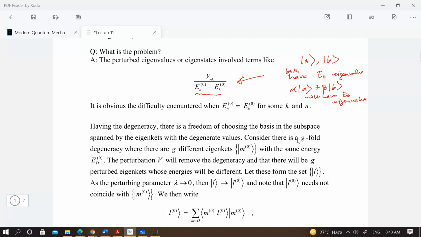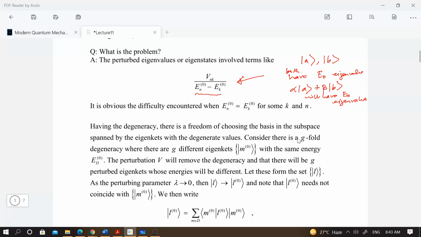So a possibility is to consider different basis states. Suppose A and B are basis states. One can choose a different basis besides A and B, using linear combinations. Why is that useful?